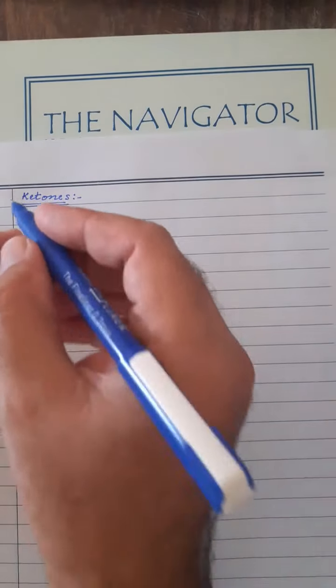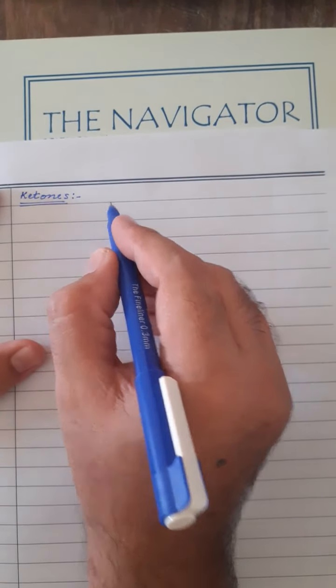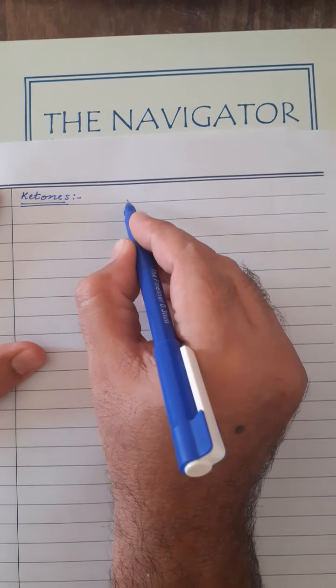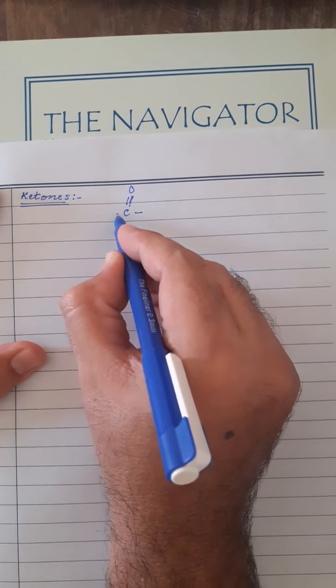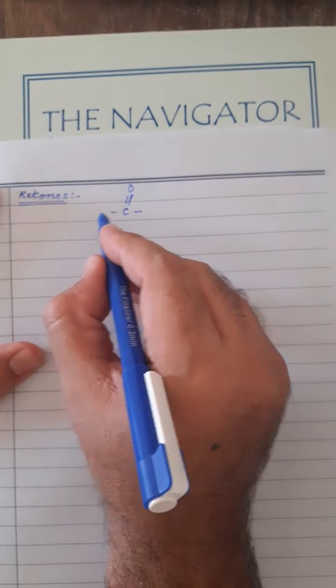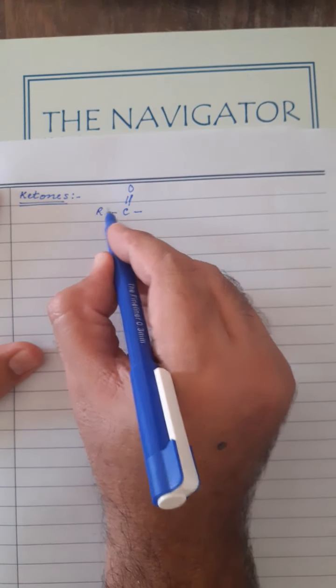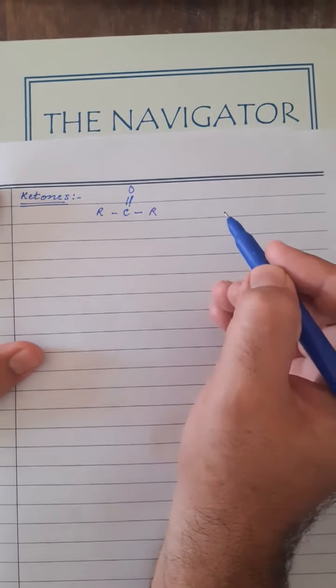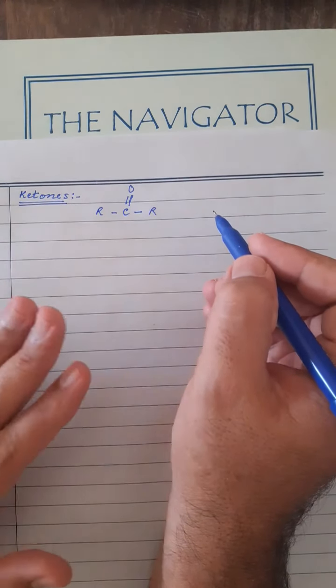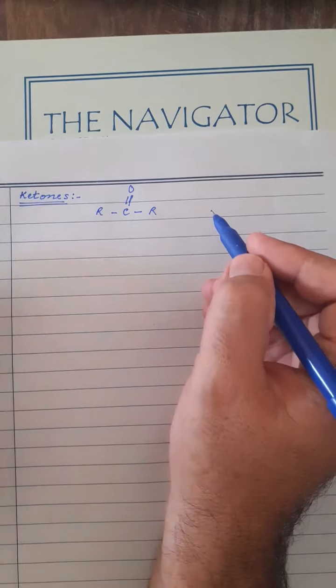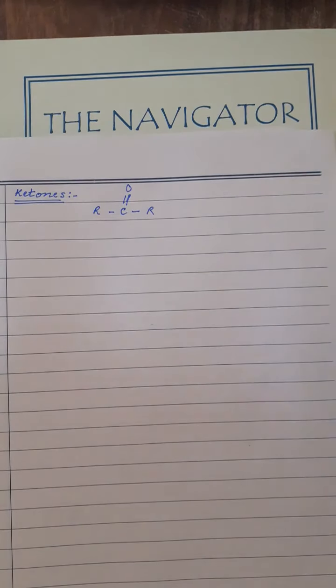Okay. In ketones, the carbonyl group, among the 2 valencies, both are satisfied by the alkyl group. That's the difference between ketone and aldehyde. In aldehyde, carbonyl will be found always on the extreme right or on the extreme left.